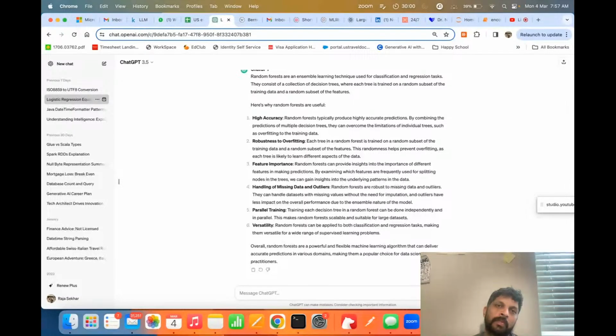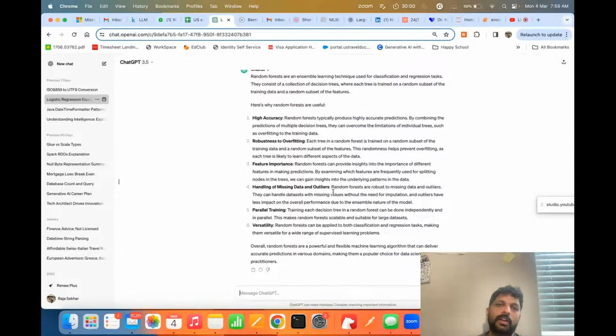So this is giving, as it says, higher accuracy, robustness to overfitting, feature importance. And we sample the features and then look at it. We are not splitting, we are sampling the features. So we might also have repetition of features in a few of the trees, which is also possible.